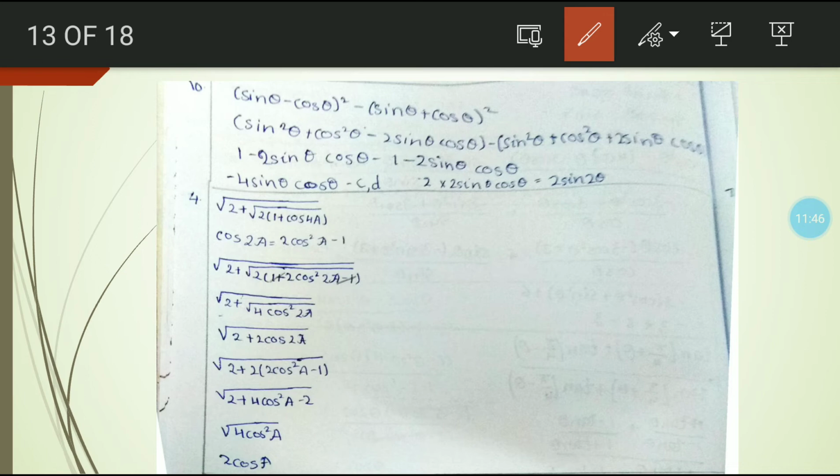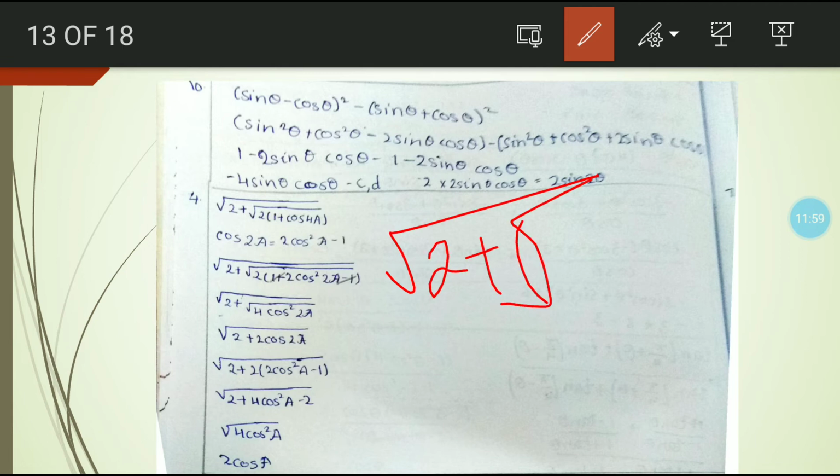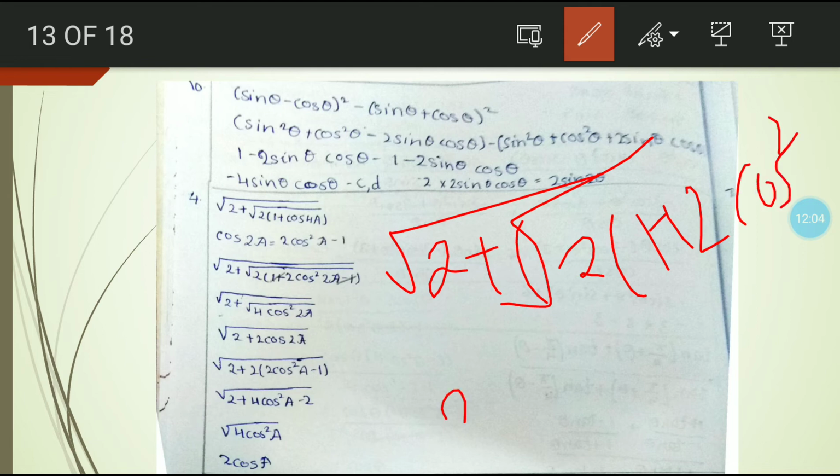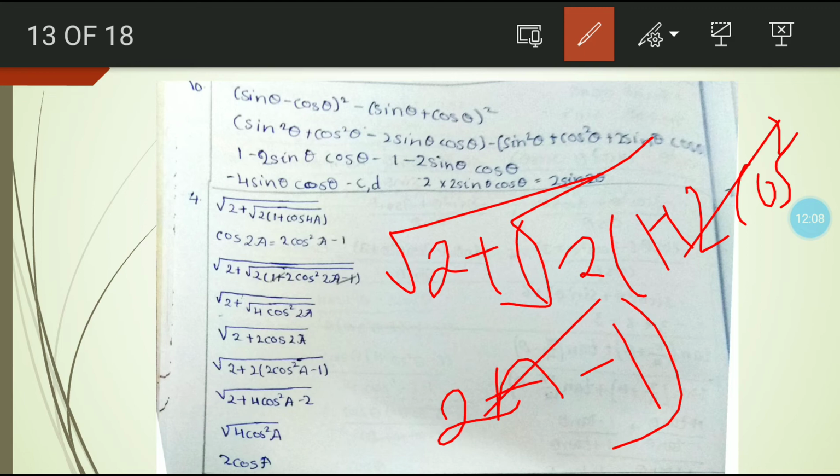So here the question is root 2 plus, in that also inside root 2 1 plus cos 4a. It's nothing but this is little different question. Then 2 plus root 2 1 plus 2 cos square 2a minus 1. So this a here cancel.